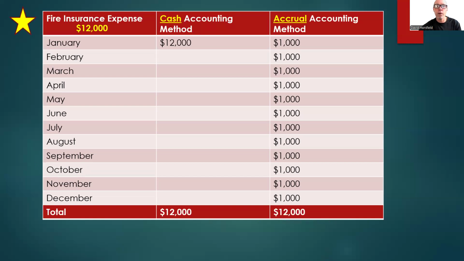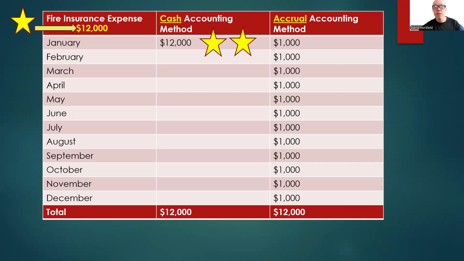Follow the stars and the arrows as they play out here. We have a fire insurance example, where the annual fire insurance costs $12,000. In the middle column, the cash accounting method, follow the 2 stars.